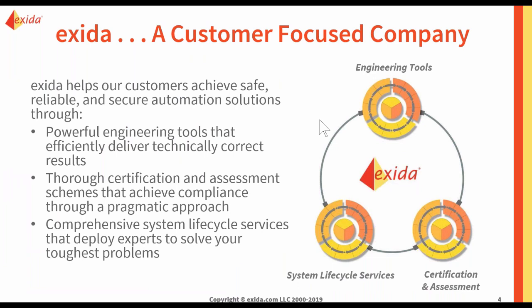Exida is a global company that has basically three separate business groups. There is a group that provides engineering tools, and the ARCHx is part of that tool suite. There is a group that does certification and assessment, and a third group that does system lifecycle services.